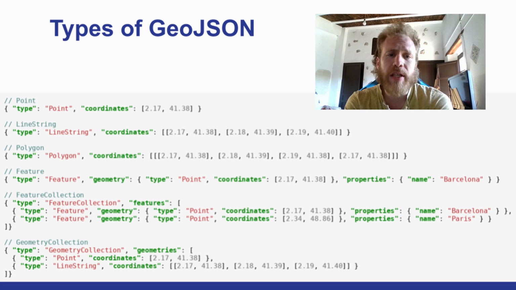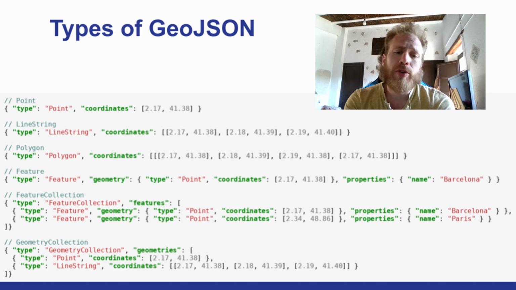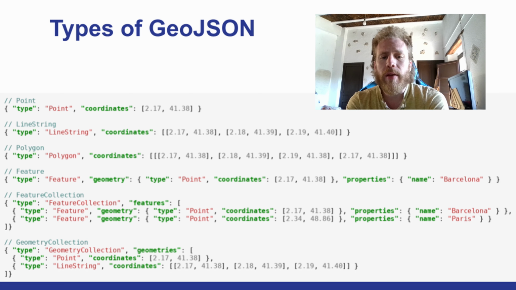A Point, that's a single location, for example a coordinate of the city center or a GPS measurement. A LineString, that's a sequence of points forming a line, and you can represent roads or rivers. Polygon, a closed shape representing an area like a country or a lake. And then we have the GeometryCollection, a container that holds multiple geometries of different types, for example a point and a polygon together.